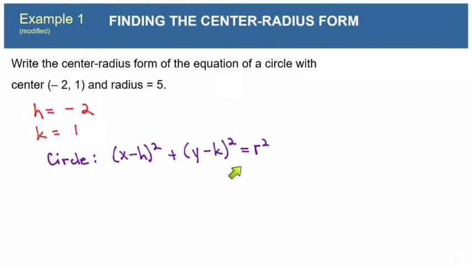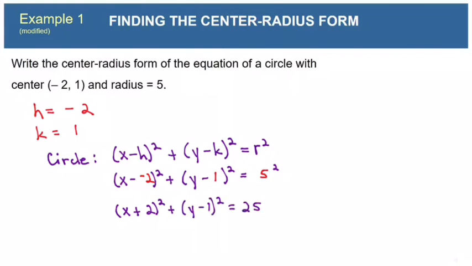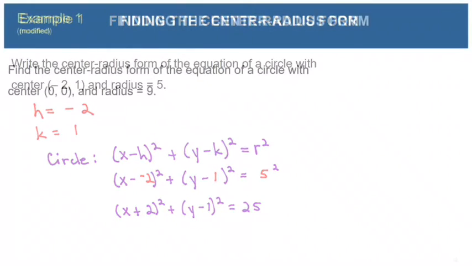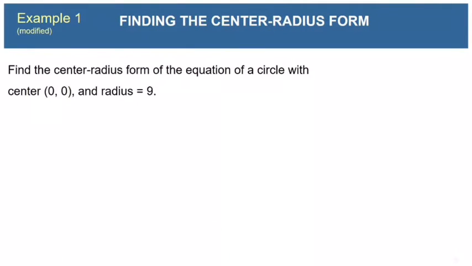Okay, so here is the center radius form of the equation, and we'll put the h and the k and the r where they belong. And we'll end up with x minus -2 squared plus y minus 1 squared equals 5 squared. And when we clean that up a little bit, minus negative will be plus, and on the end here, 5 squared will be 25.